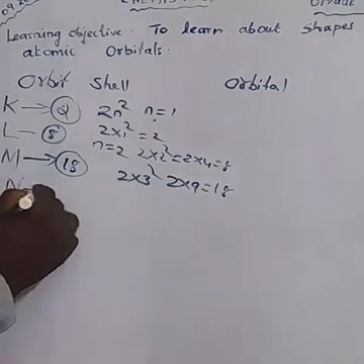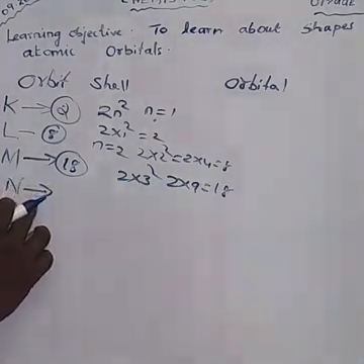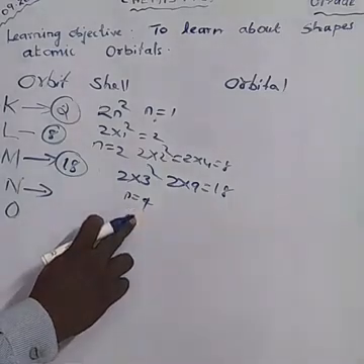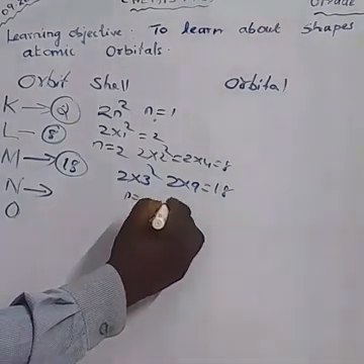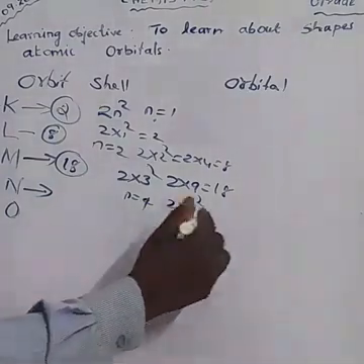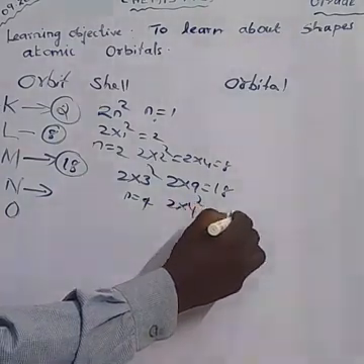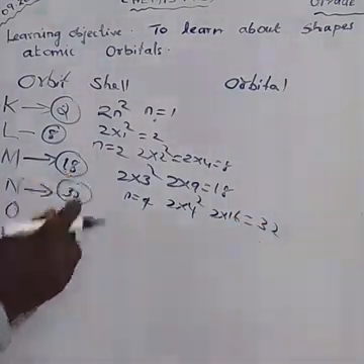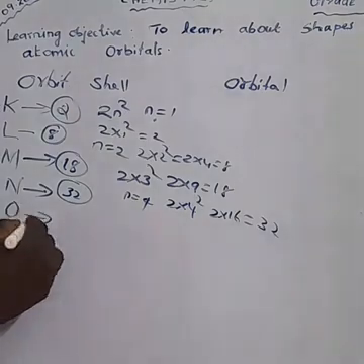Next, the fourth shell, fourth orbit, n is equal to 4. That means 2 into 4 square. 4 square means 16. 2 into 16 is equal to 32. Am I right? 32 electrons.